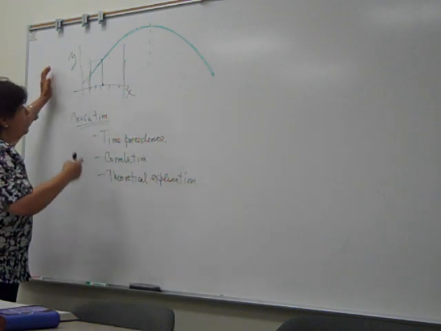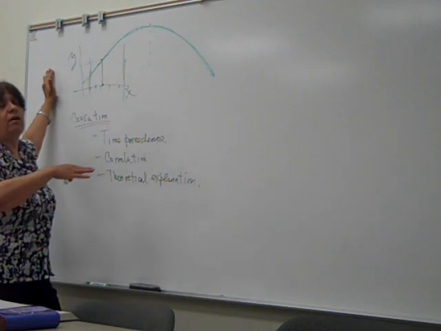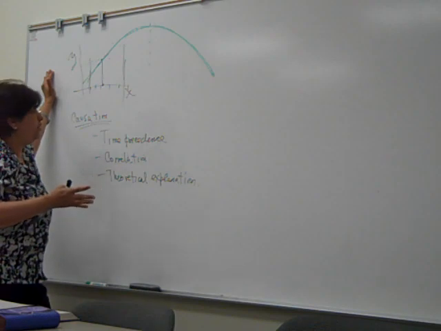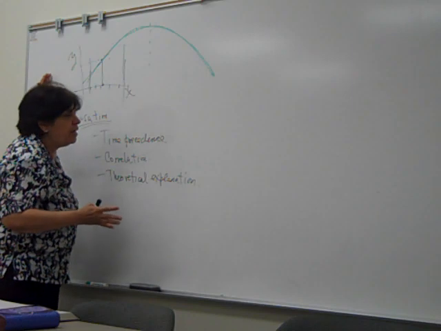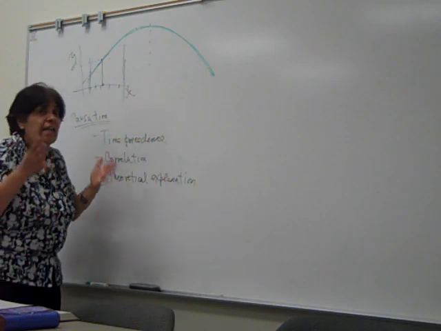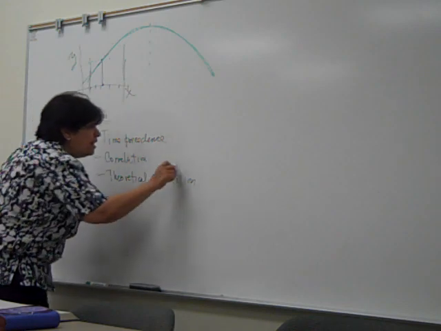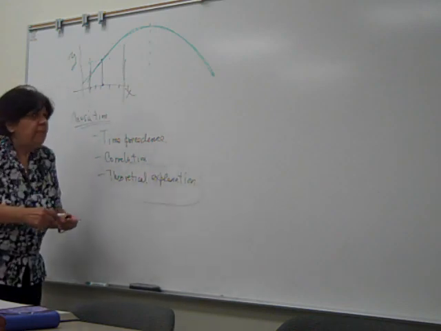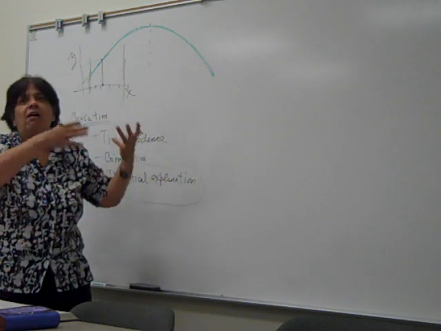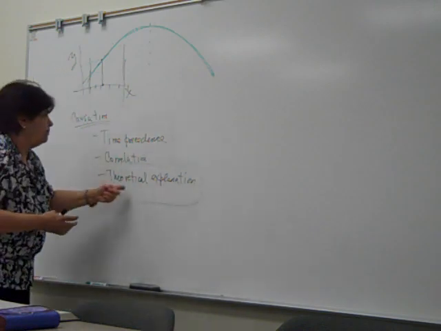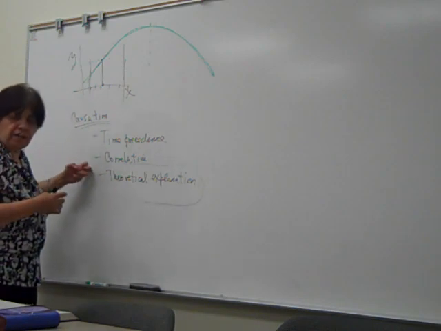You may say that every time you wash your car, it rains. And so we have this time precedence, we have this strong correlation. It may be that every time you wash your car, it rains. But there is no theoretical explanation. There is no reason why washing your car makes it rain. So, very careful. Causation has to have these three elements.